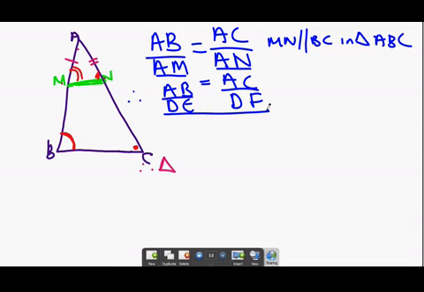We have already proved one half of the similarity. You can also prove the other half by taking that parallel line, constructing or using the third side.